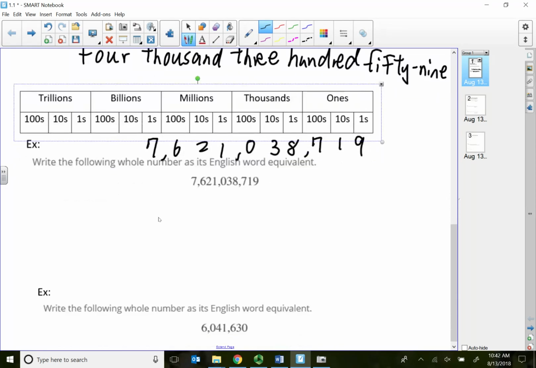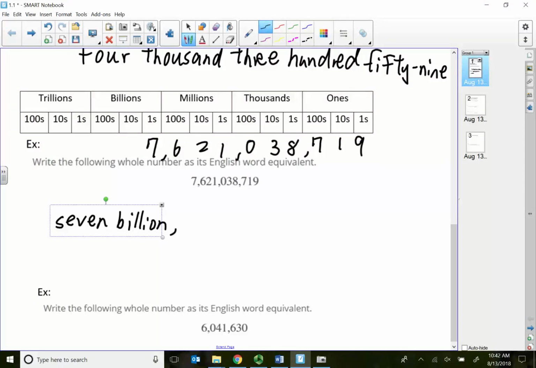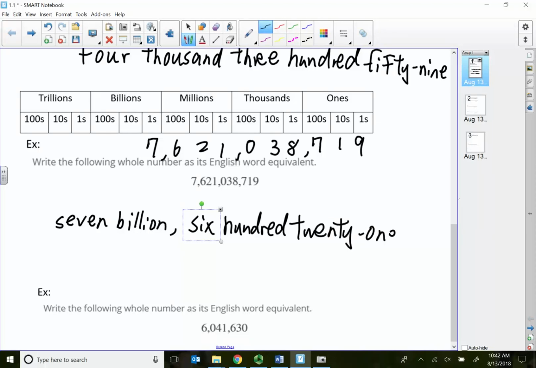So for this particular example, we will say this is 7 billion, comma, sorry about that, click it off, 7 billion 621. 621 what?